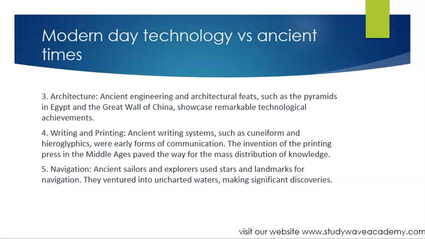The invention of the printing press in the Middle Ages paved the way for the mass distribution of knowledge. Navigation. Ancient sailors and explorers used stars and landmarks for navigation. They ventured into uncharted waters, making significant discoveries.